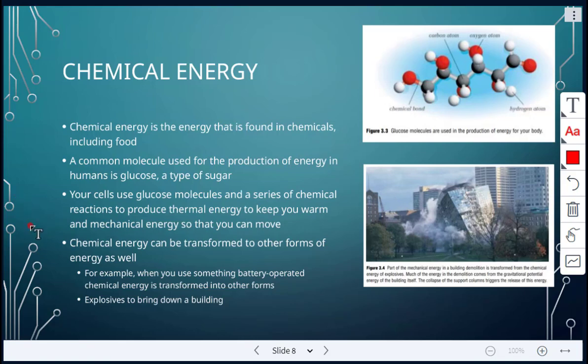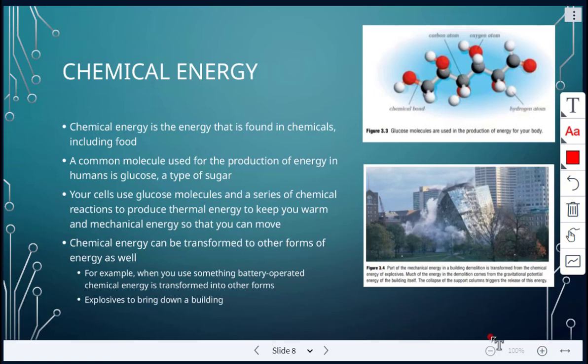Chemical energy can be transformed to other forms of energy as well, like when you use batteries, something battery operated. The chemical energy is being transformed into other forms. Explosives, those are also chemicals. For example, here to break a building down.